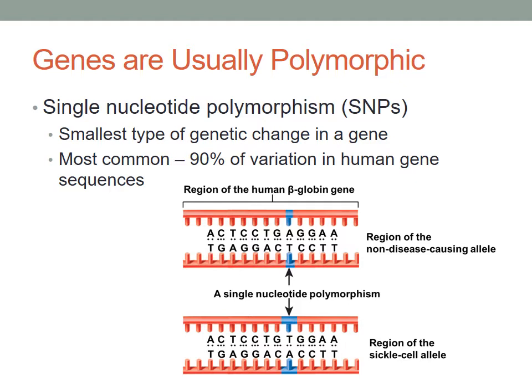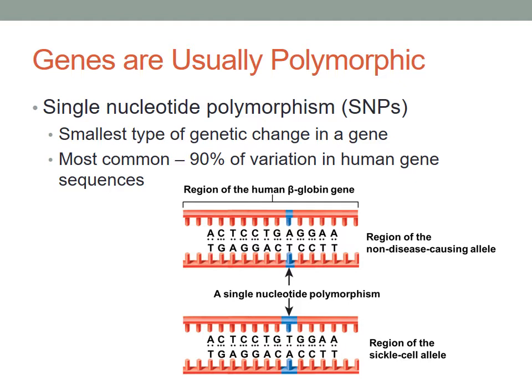Many SNPs relate directly to human health. They may cause genetic diseases. It's also going to change how your body responds to different types of medical treatments, different types of medications, and it's one of the reasons why we're looking into the concept of personalized medicine, something that is best for your body and your genetic makeup.